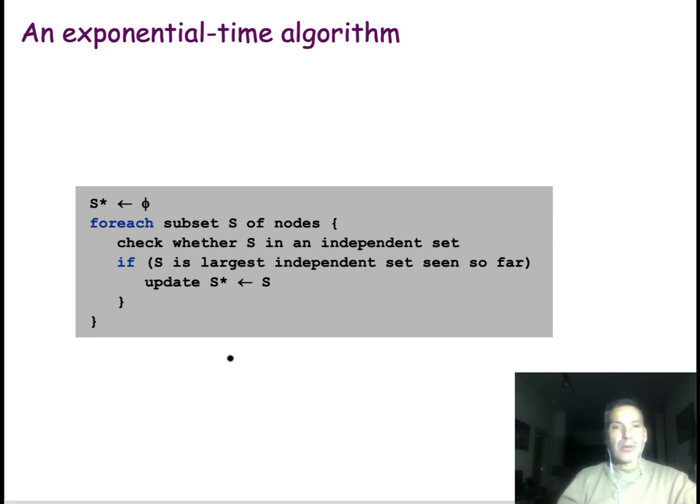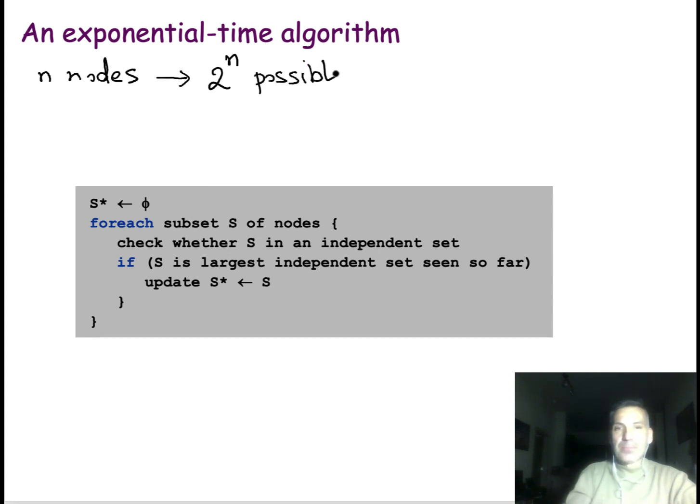So here is an algorithm for solving this problem. It checks every possible subset of nodes. Given that we have n nodes, how many possible subsets of nodes do we have? As you may remember from combinatorics, if we have a set of n things, there are 2 to the n possible subsets of those n things.